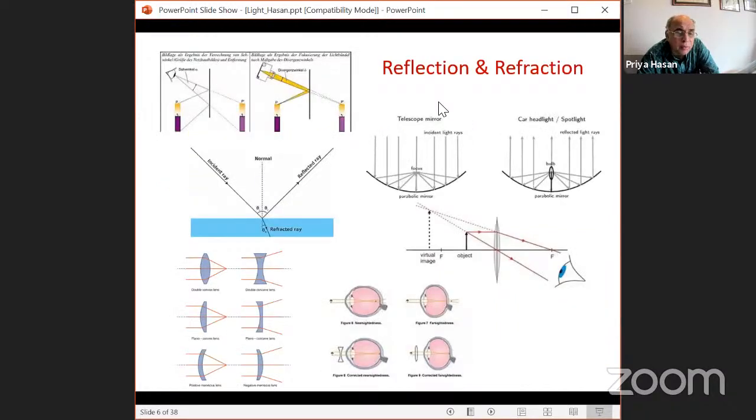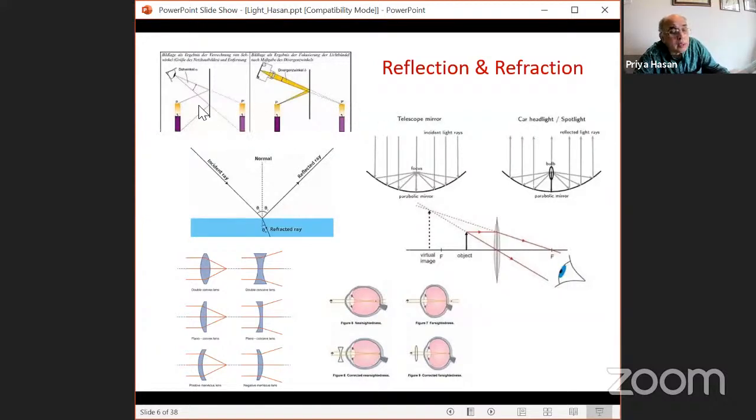If you look at reflection and refraction, you take any mirror and you shine a light on it. You can explain it very well as balls bouncing back, right? So if you use the particle nature of light, reflection and refraction can be very well explained.